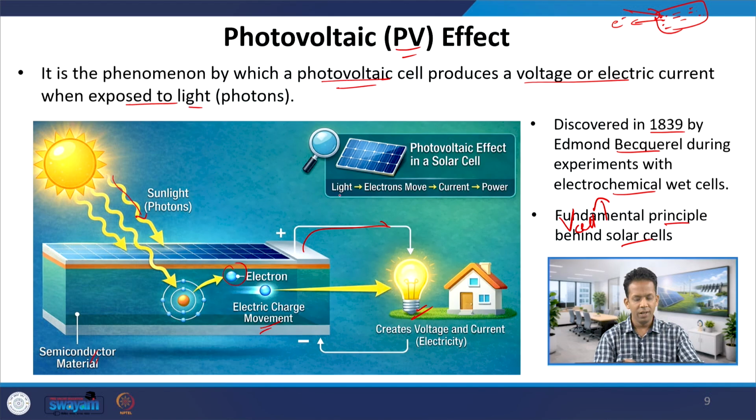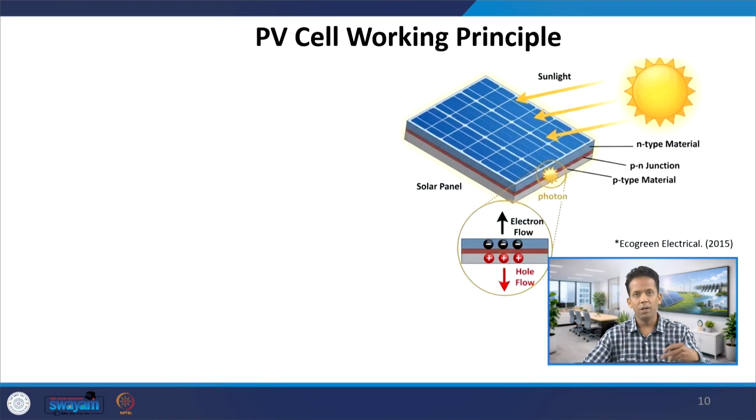So basically light energy is converted to electron movement, which generates current, which generates power. So this generation of power through voltage and current using the energy of photons or light is called photovoltaic effect.